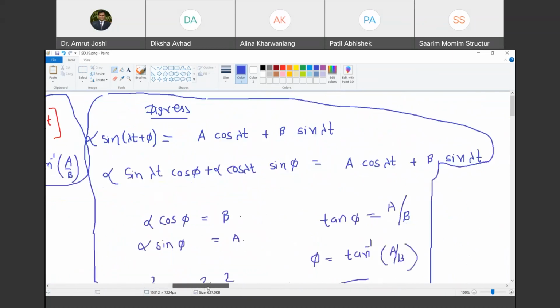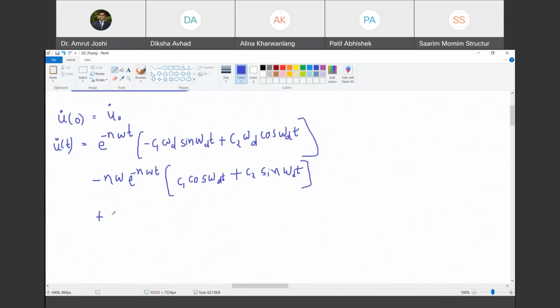So cos lambda t plus phi into alpha lambda is going to be differentiation of this response. So that I will write. Correct me if I am making a mistake. Alpha lambda cos of lambda t plus phi. Happy? Now, when I substitute t equal to 0, what happens? This term becomes 1. This term vanishes. This term becomes C2 into omega d. So I will write that, C2 into omega d.